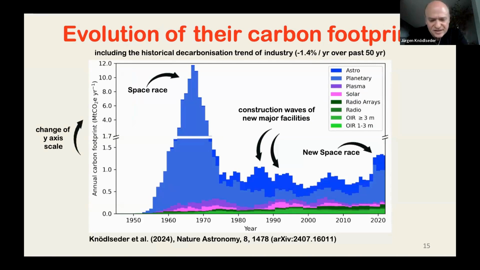So the first thing is that you see blue all over the place. So really the space part is the dominant part of our facilities. So satellites, probes, and so on. Second point here, the y-axis has two different scales, because there was a big peak in the 60s, beginning of the 70s, related to the space race and the exploration of Moon, Mars, Venus, and so on.